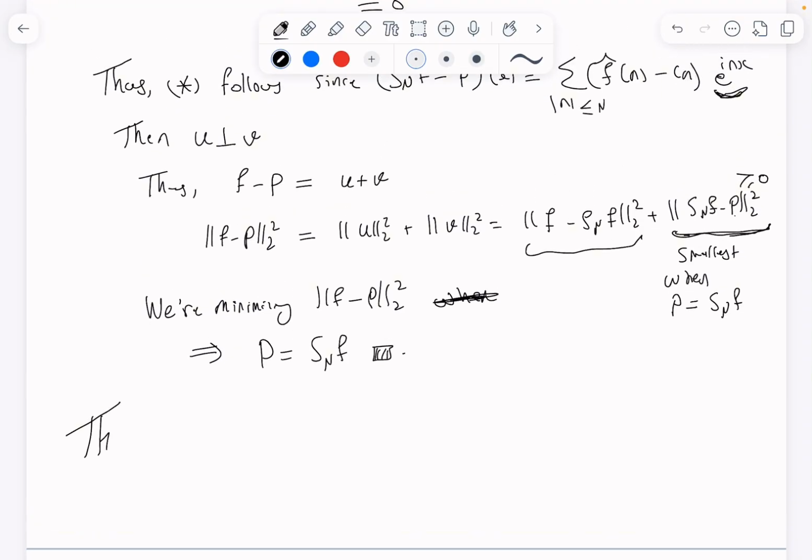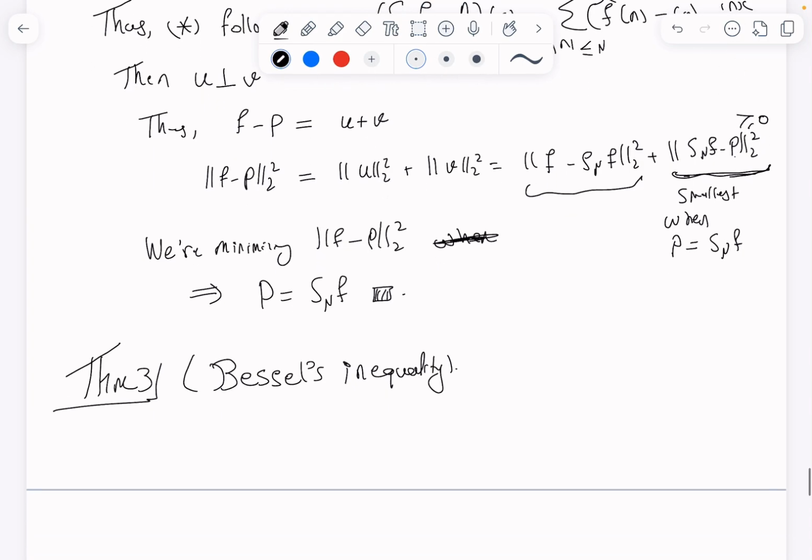So here's another theorem. This is theorem 3, and it is Bessel's inequality. Okay, so what do we want to prove here? We want to show that for any L2 periodic, 2π periodic function f, in other words, the integral of f squared over minus pi to pi is finite, and it is 2π periodic.